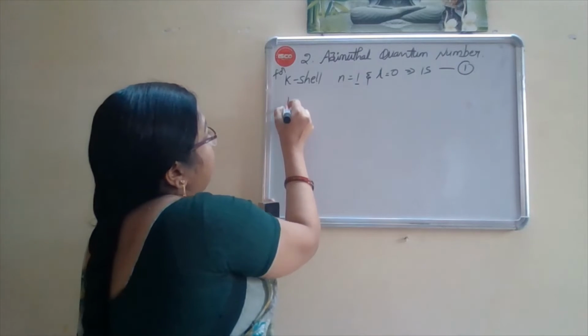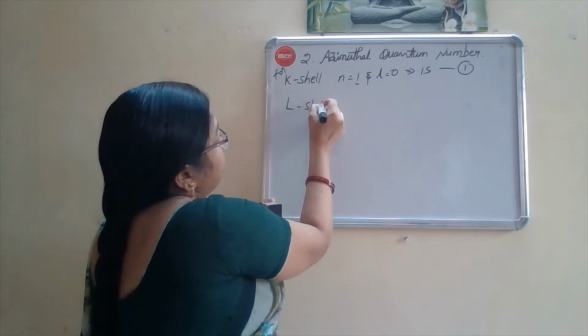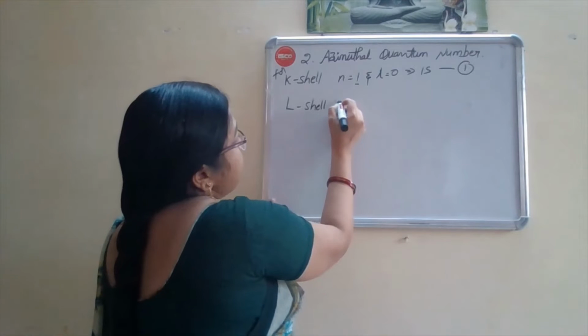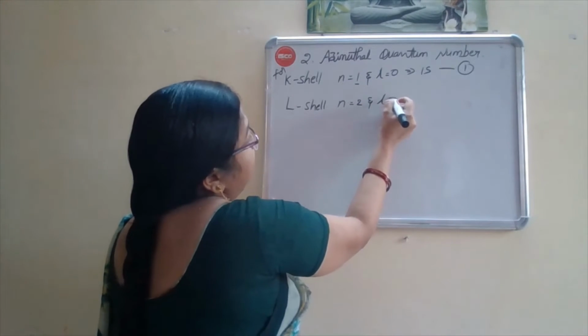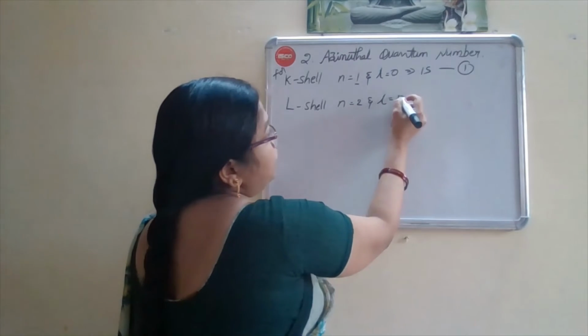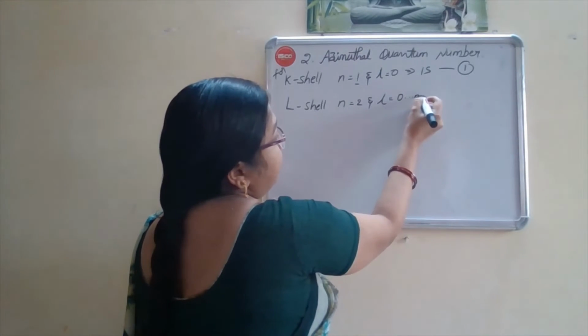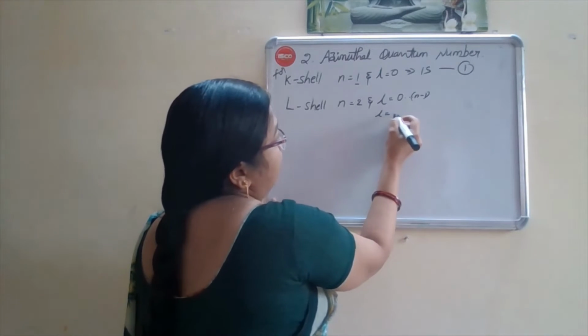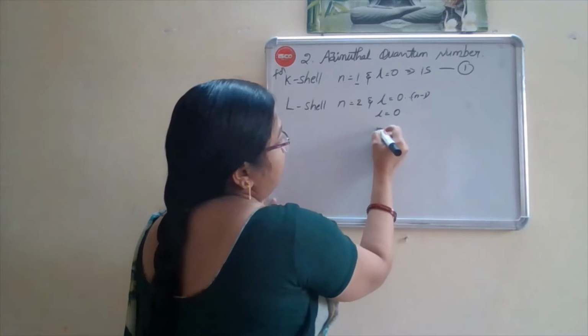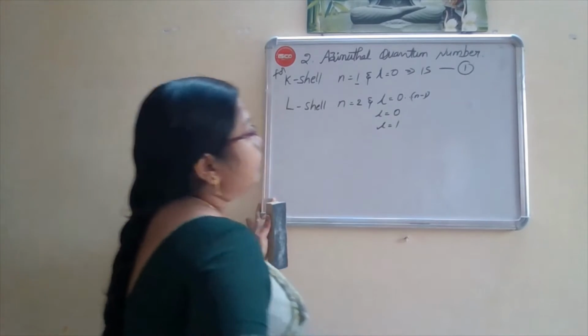Next, L shell. For L shell, n equals 2 and l ranges from 0 to n minus 1. From this, l values are 0 and 1.